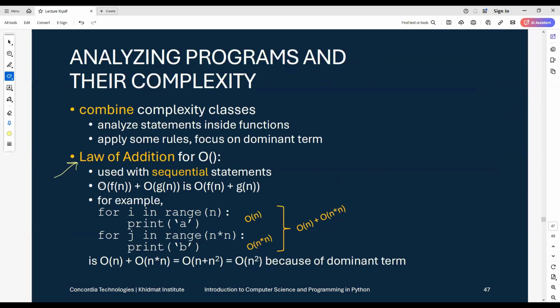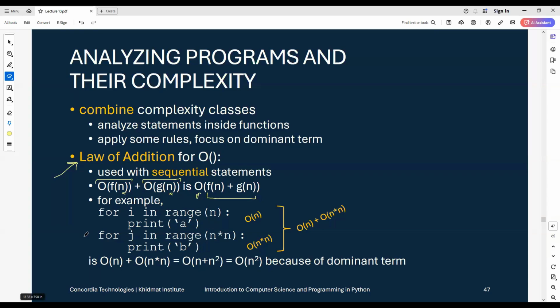So if there are two functions, and they are one after the other in terms of the implementation of our algorithm, so if there is a complexity of function f which is being added to the complexity of function g, and both depend on the same input of n, then the law states that the overall complexity would be the addition of the time required for function f and the time required by function g.